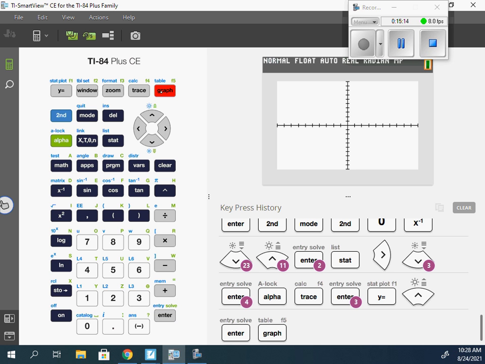And it should give us something like this here. Just had to clear the other ones out.